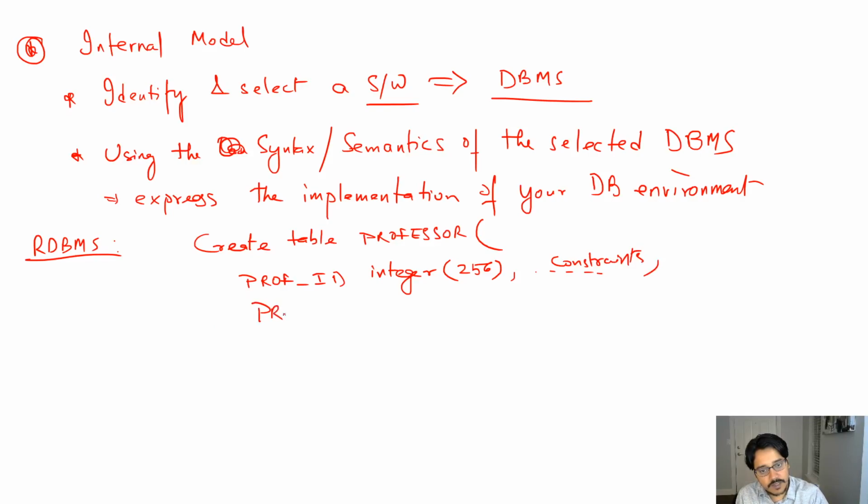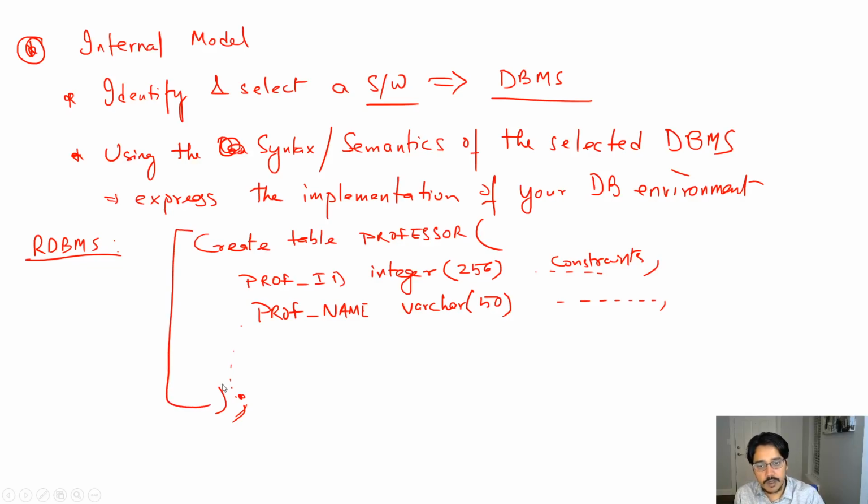Next, you give professor name, and this will be a variable character of size, let's say 50 characters, and then any constraints. Okay, and this goes on, so on and so forth, and then finally you close it, and of course there will be a semicolon. Similarly, you will express all the other entities. So this is the part where you are highlighting the implementation.